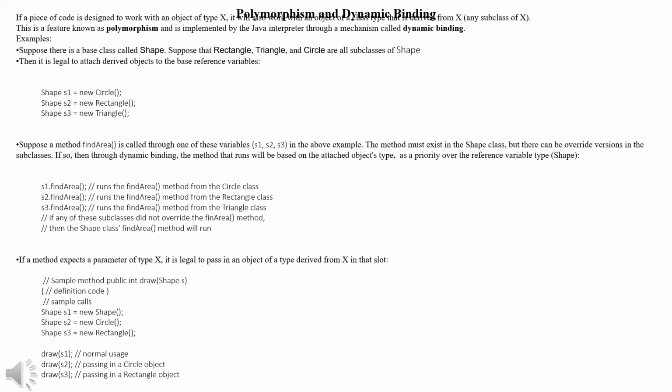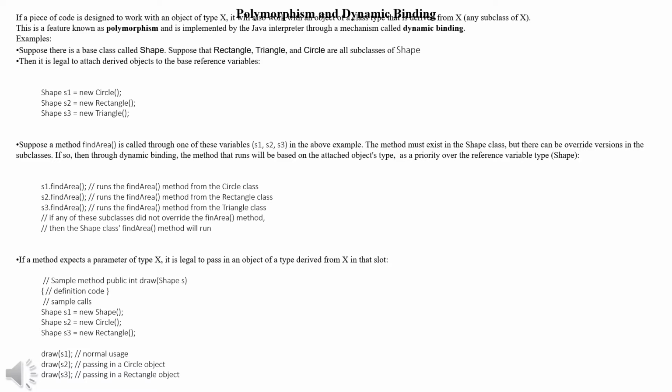As you see, this method accepts a Shape s as a parameter, right? So if we have objects s1, s2, and s3, where s1 is an object of Shape, s2 is an object of Circle, and s3 is an object of Rectangle, we can pass any of these objects into this method.